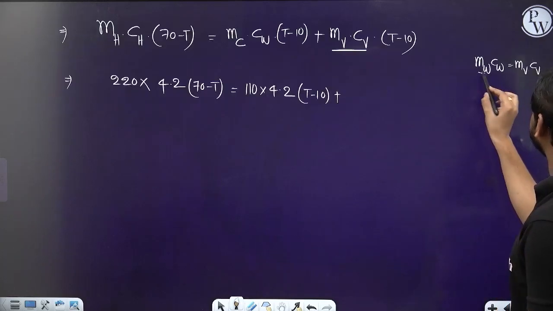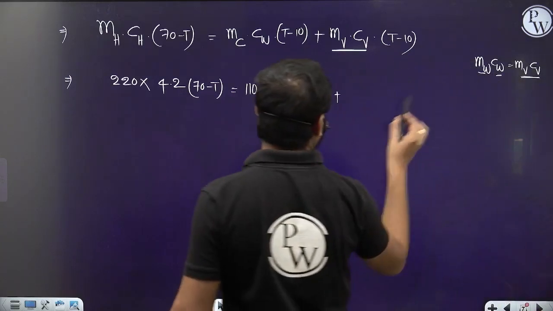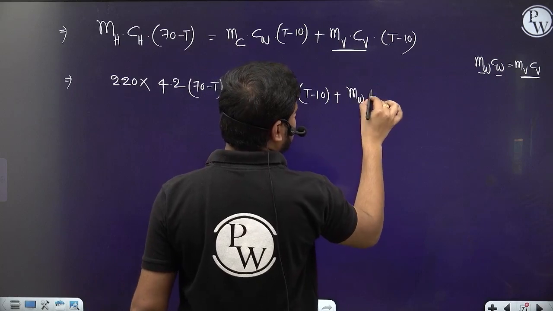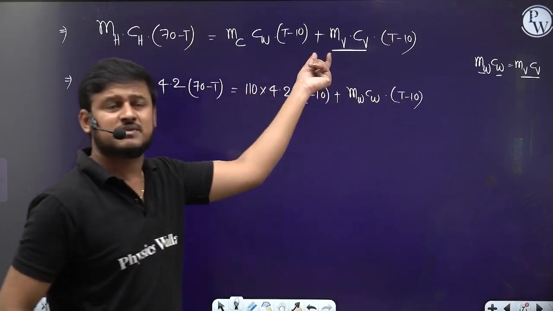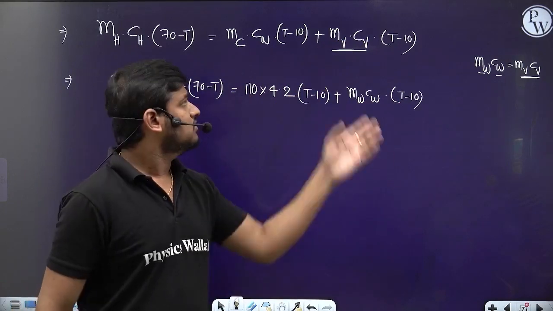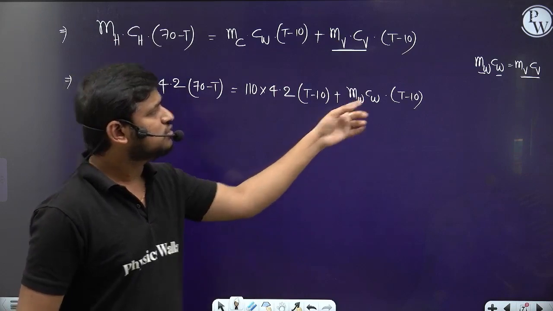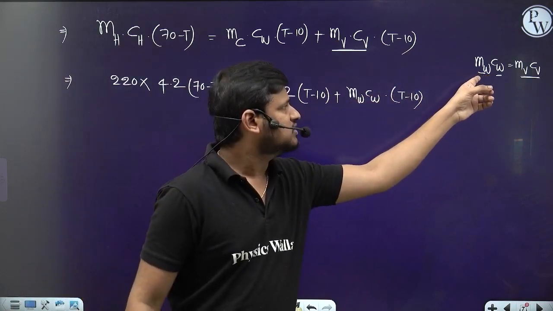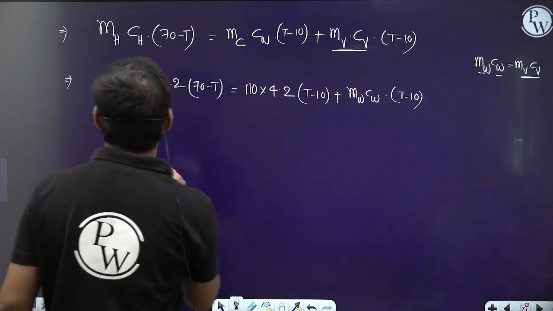The MW is given, so you can substitute MWCW in place of MVCV, into T minus 10, because we don't know the mass of the vessel or the vessel's specific heat capacity. But we know the water equivalent, so we can equate it, right?